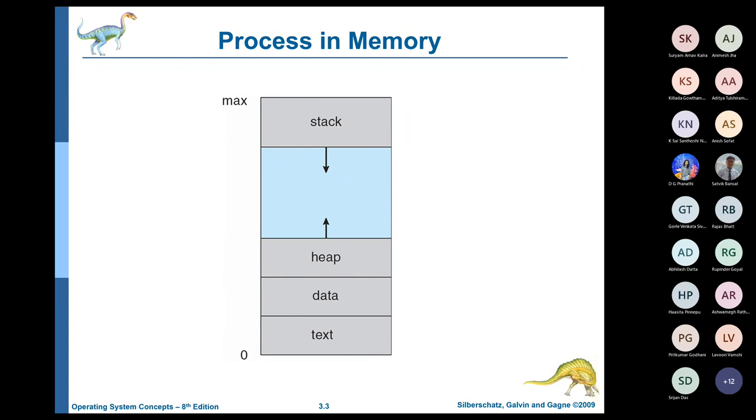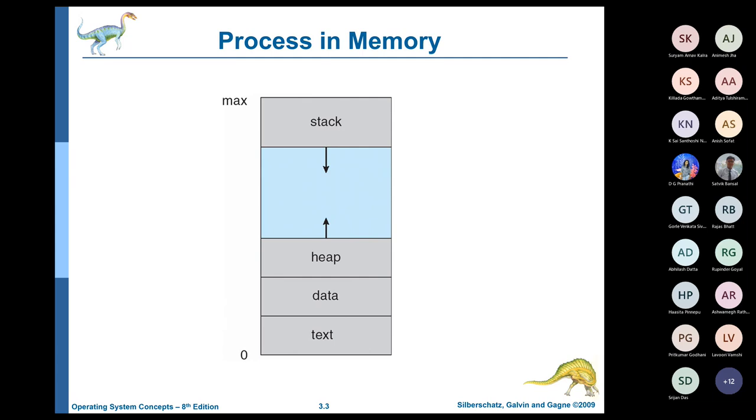All modern computers are time shared systems in which there are multiple processes running at the same time. How is that possible? Well, at any given point of time, the application programmer feels that he has the entire address space available to him, a contiguous address space starting from 0 up to a maximum value.